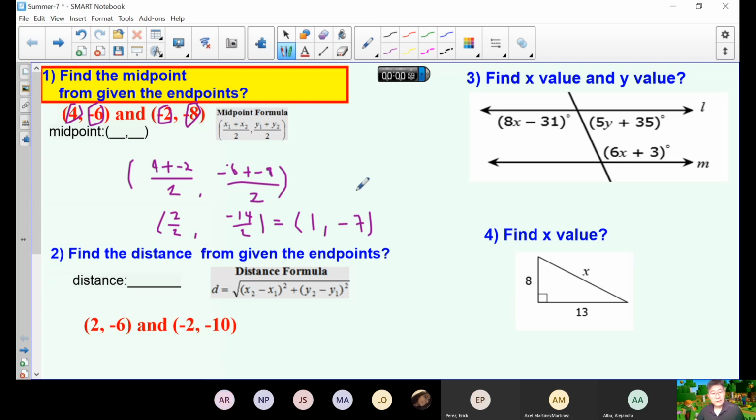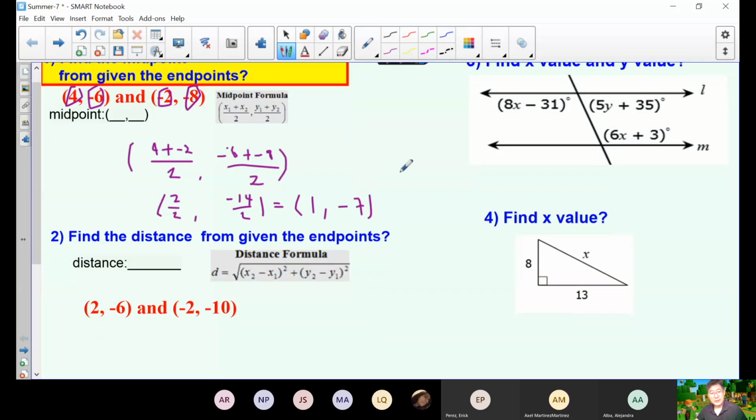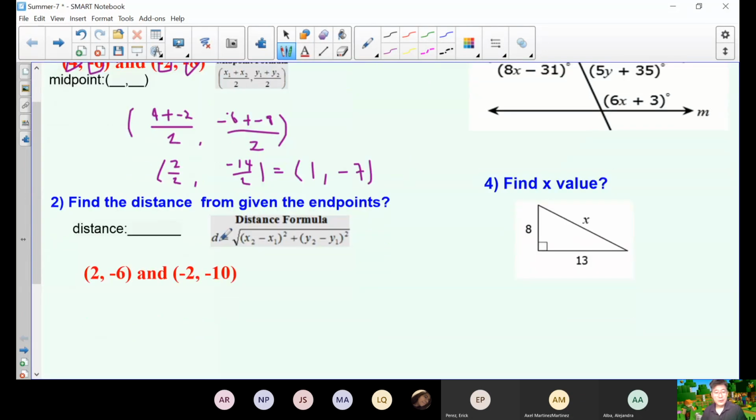Number two, find the distance given the endpoints. So we have a formula. This is x2 minus x1 squared, y2 minus y1 squared, and put a radical sign. This is x1, y1, x2, y2.